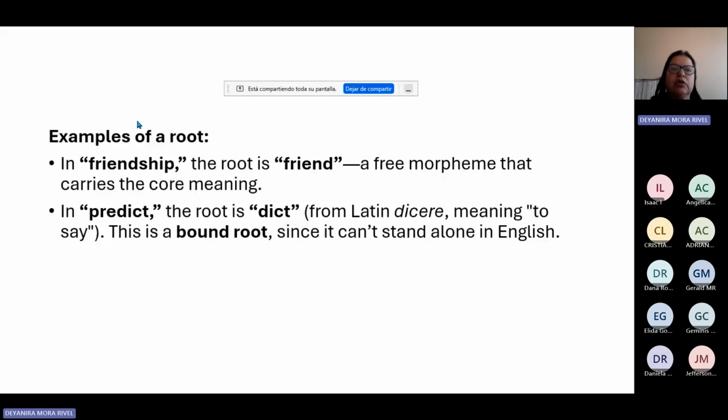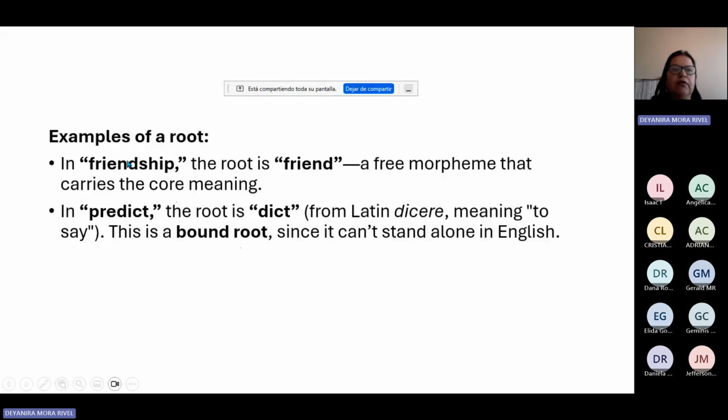But here, friendship is another type of morpheme, and it makes this noun friend into another noun, which is friendship. It makes the noun friend into a different noun and a different meaning.